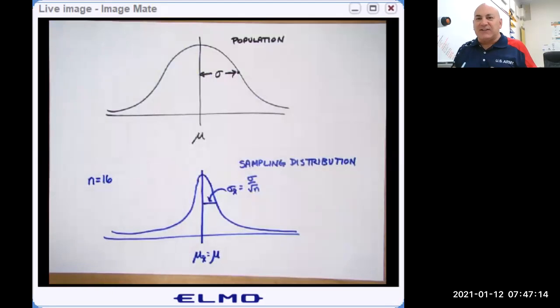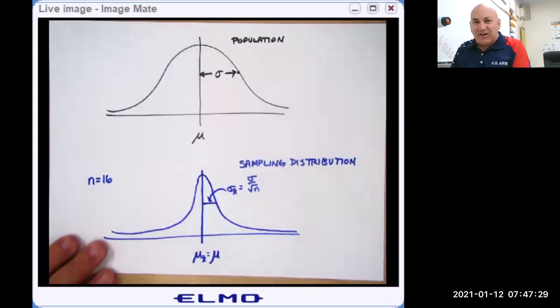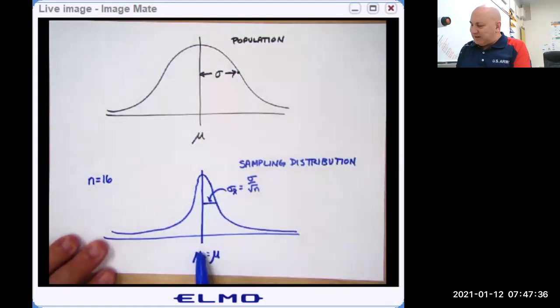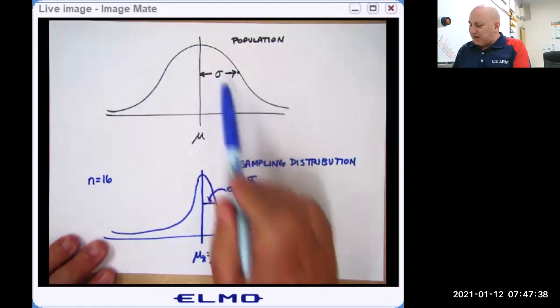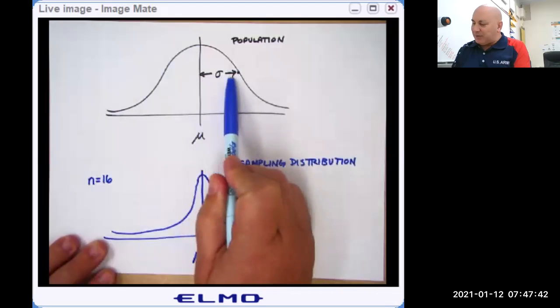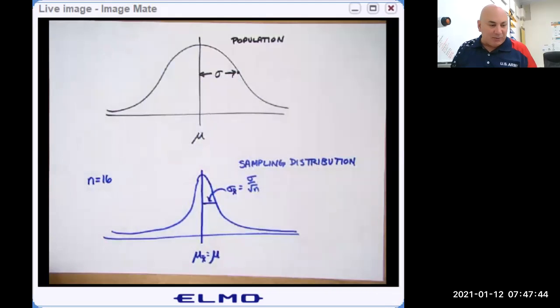Because when you have 16 data points, if you get a big one, you're probably going to get a small one. And even if you don't, you're going to get enough down here that the average is going to pull this in towards the average more. The average will not be as spread out as the data are. So your sampling distribution has the same mean as the population, but the standard dev is the standard dev of the population divided by the square root of n.